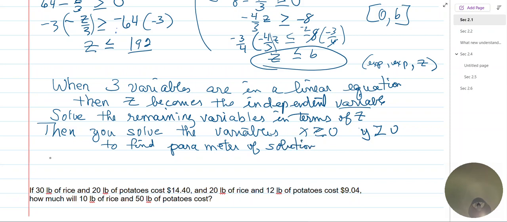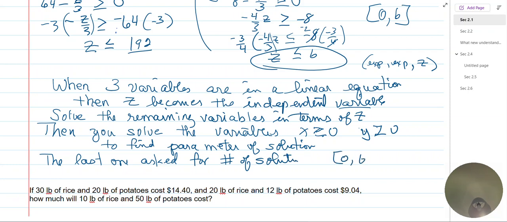As in the last one, ask for number of solutions. And that was from 0 to 6 inclusive. So there are 7 solutions.